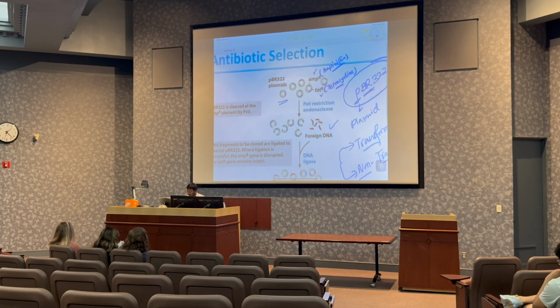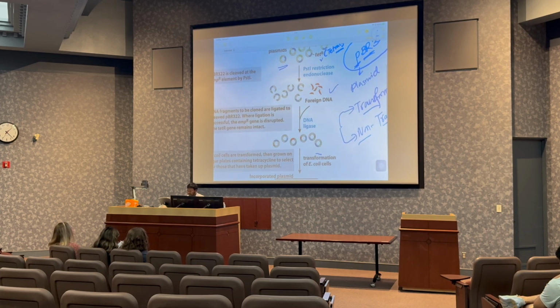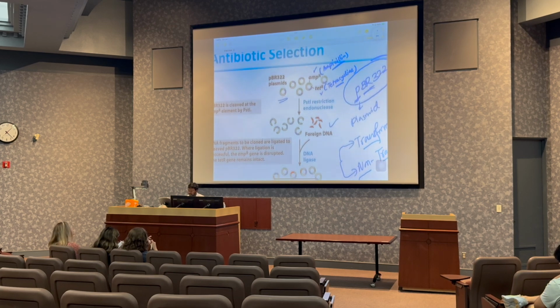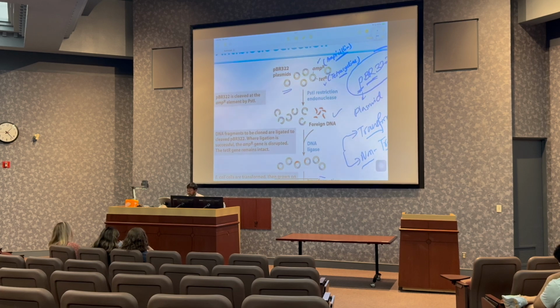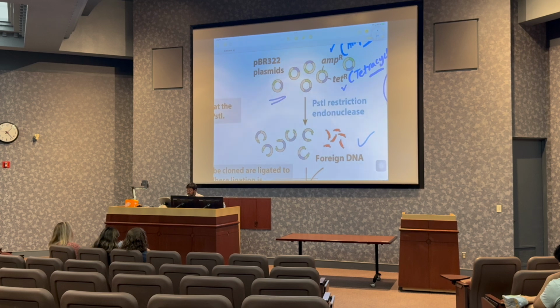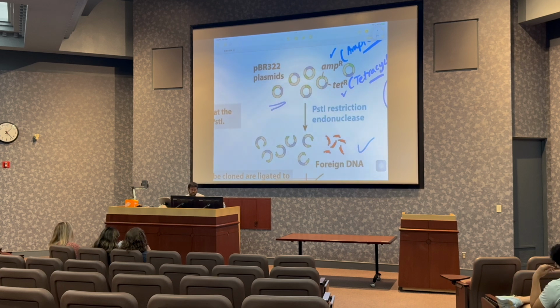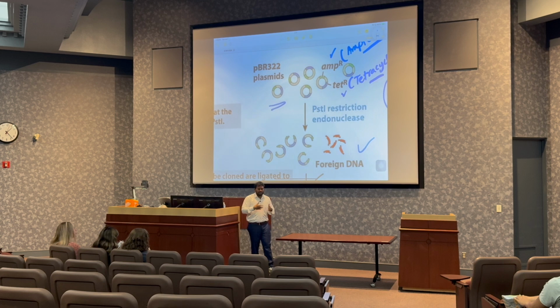What's more interesting is that you can see there are two patches, one green and one blue. Where do you think the restriction endonuclease cuts the DNA, at the blue side or the green side? Green side, right? And the green side is responsible for which antibiotic resistance? Ampicillin.